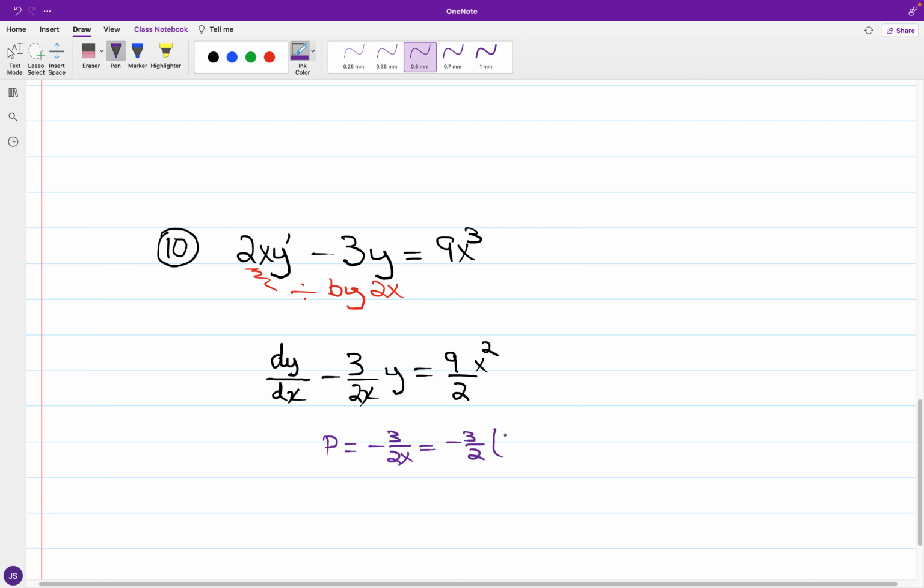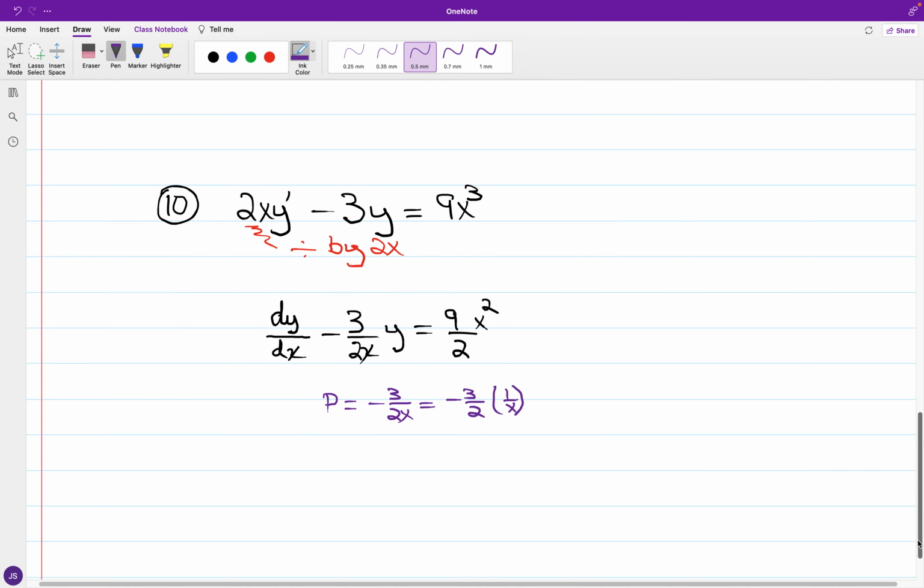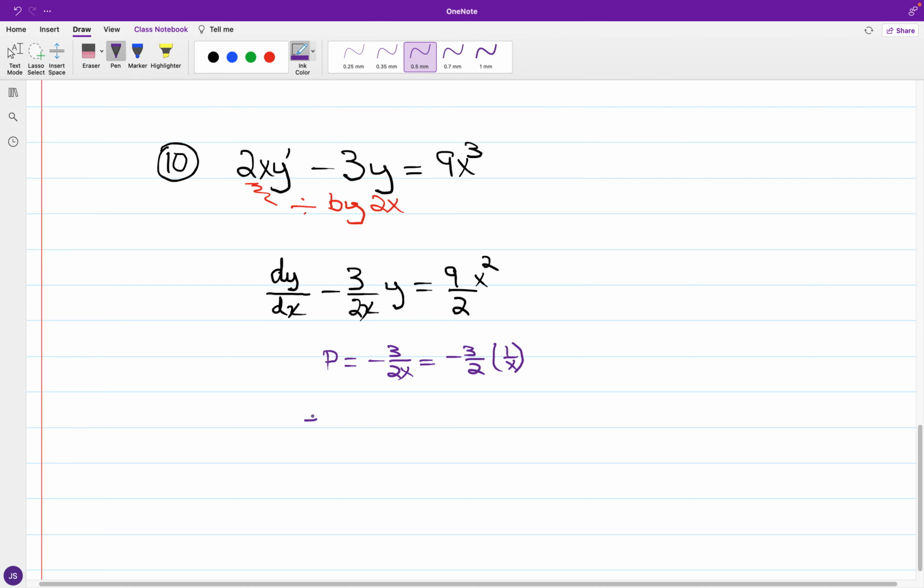I'm just doing this in advance so as to make the integration and the determination of the integrating factor a little bit quicker. So we have for the integral of p of x dx, to which the natural logarithmic base e will be raised.